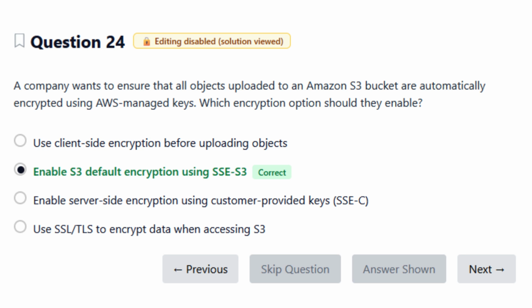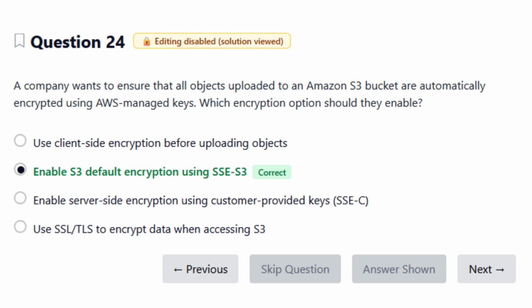Client-side encryption before uploading objects requires the customer to manage encryption themselves and is not automatic. SSE-C, customer-provided keys, uses customer-managed keys, not AWS-managed keys. SSL/TLS protects data in transit, not data at rest inside the S3 bucket.